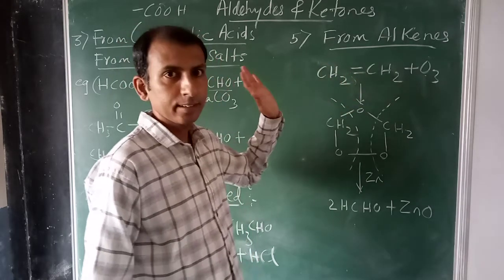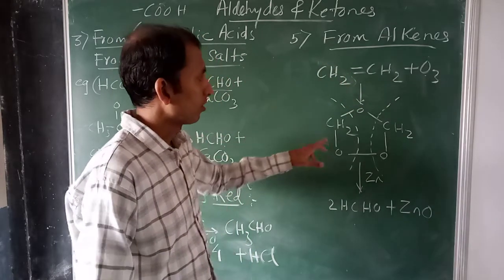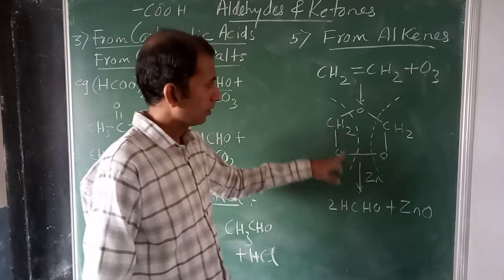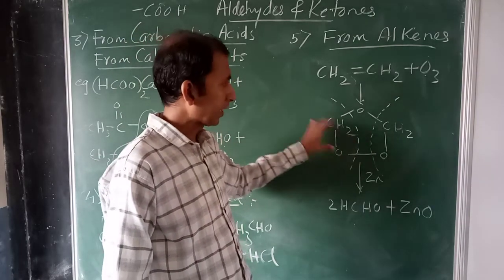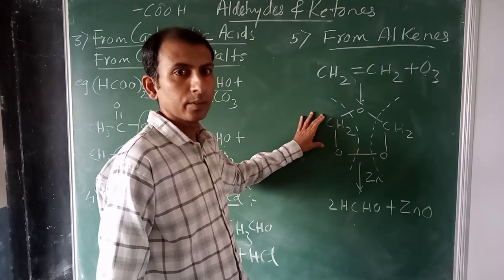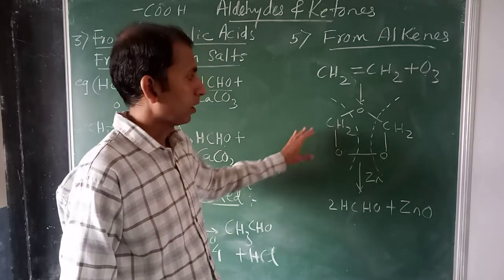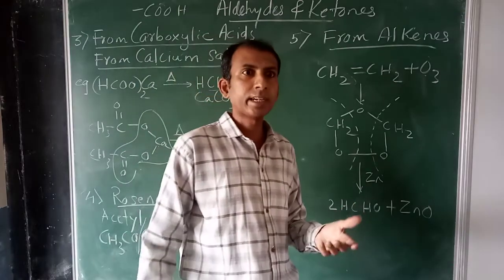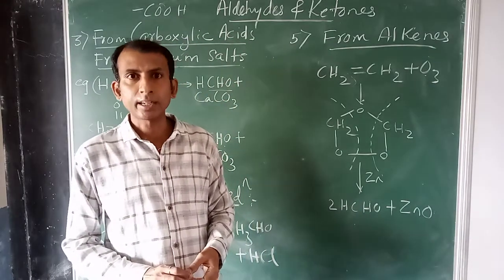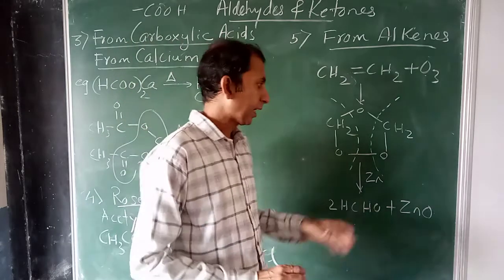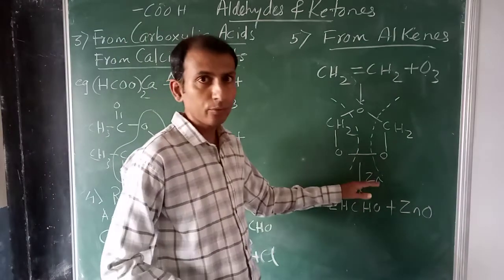O3 gets added across the double bond and we get this very unstable intermediate. Any unstable intermediate can immediately undergo hydrolysis, and here hydrolysis is carried out in presence of zinc.